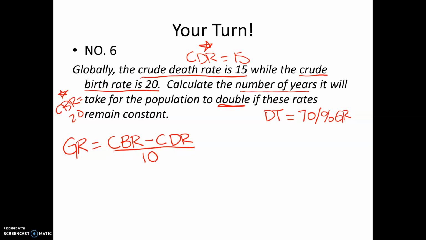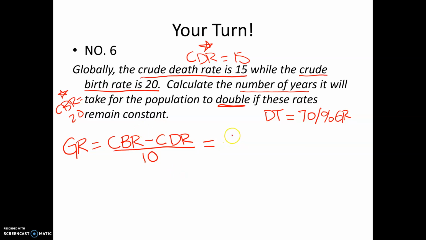Now, basically, we're doing the same kinds of things that we were doing in our other growth rate problems, but we're simplifying it because we have a normalized death rate and birth rate. We have something that includes information about our population. So we're going to take this and plug in our numbers.